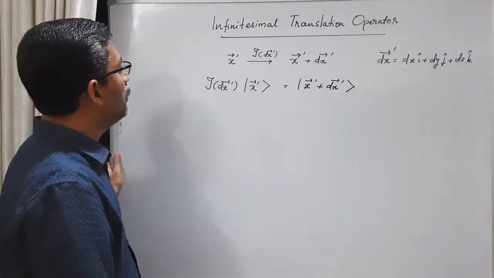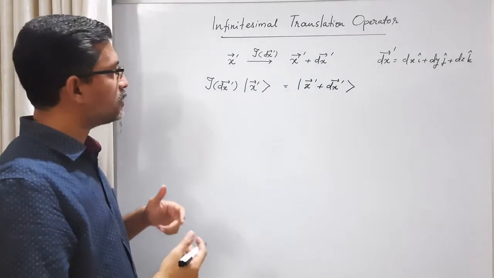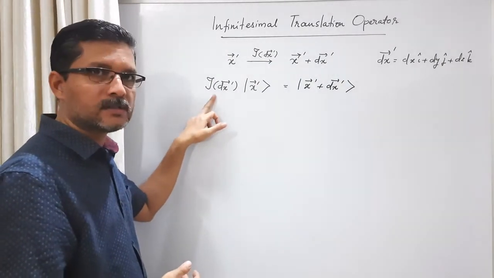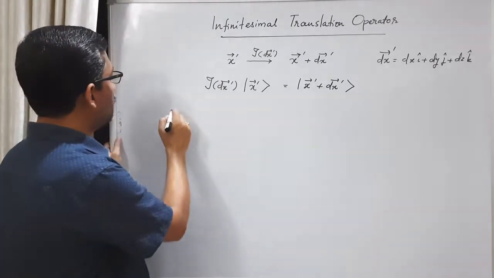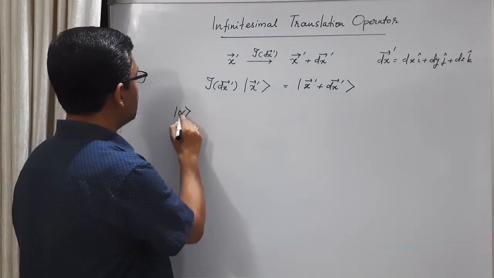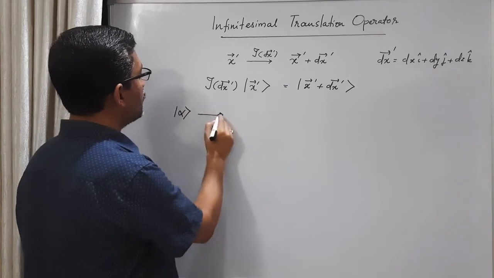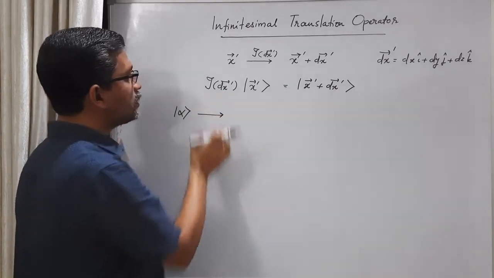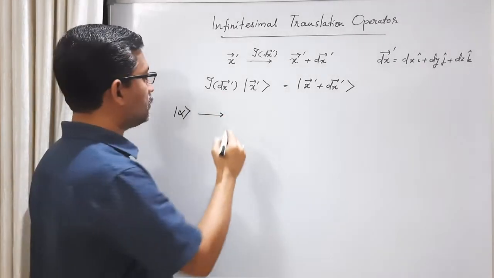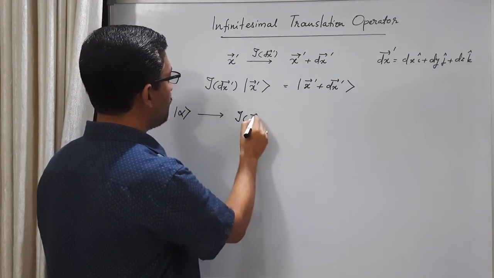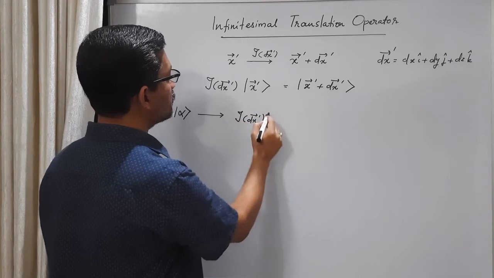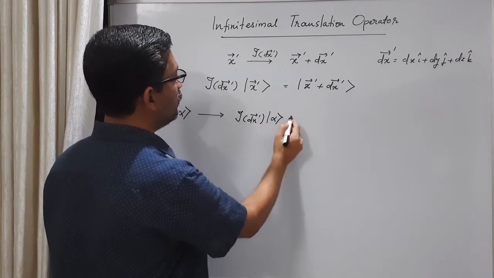Now we want to see what is the action of this infinitesimal translation operator on a general ket. Let us consider a general ket alpha. What happens when this infinitesimal translation operator acts on this alpha? So we get I dx prime, the infinitesimal translation operator, acting on ket alpha.